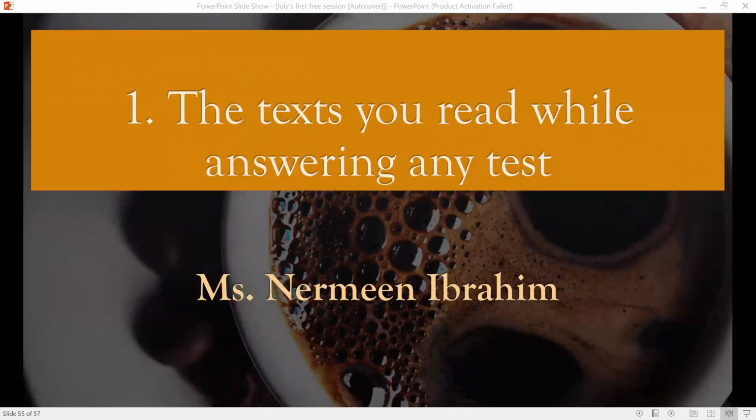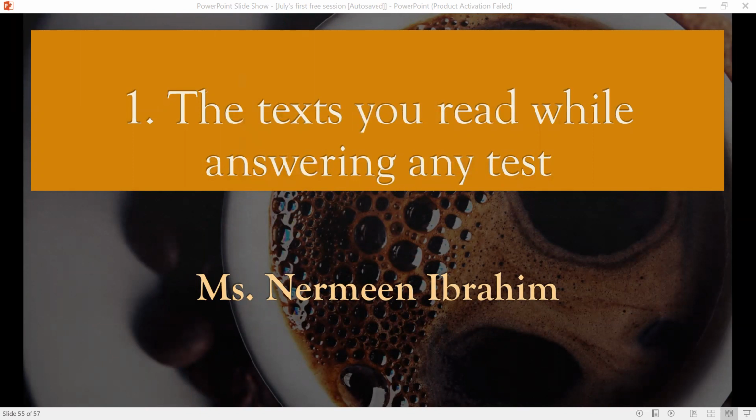The first resource is going to be the texts that you read while answering any test. Definitely, we all need to answer many questions in order to practice and get prepared for the actual trials.